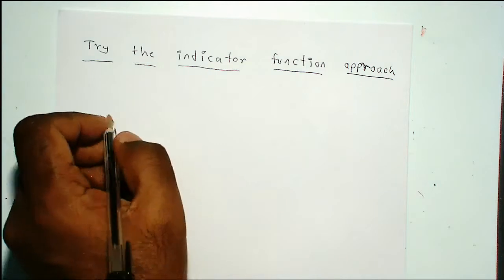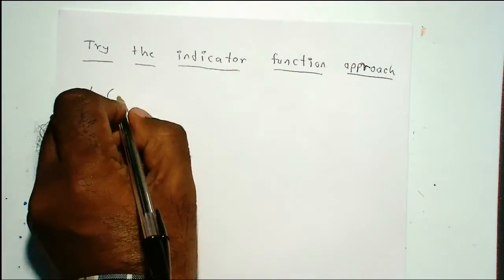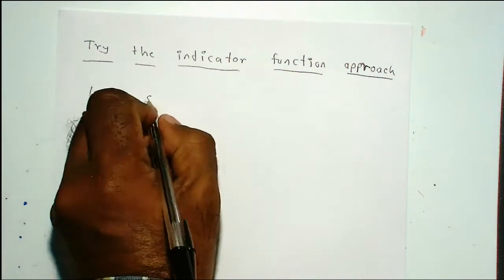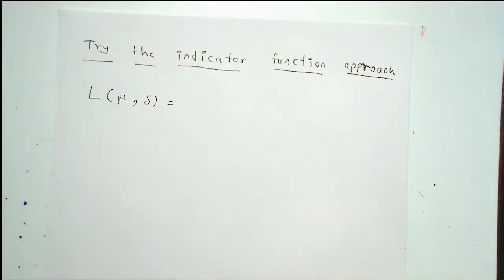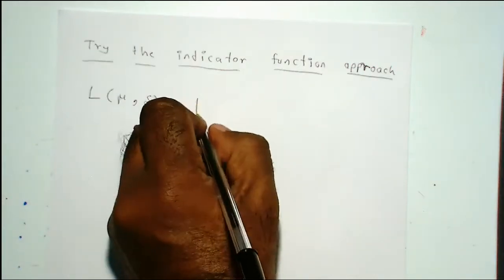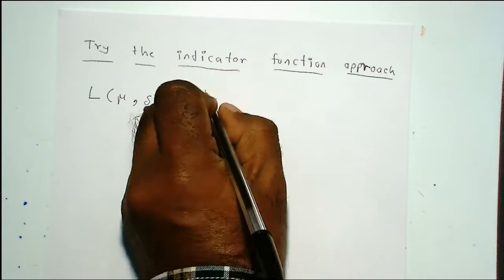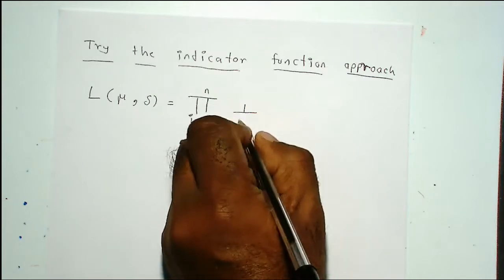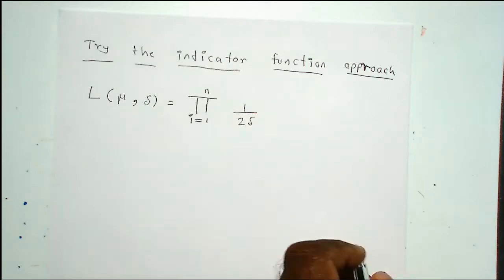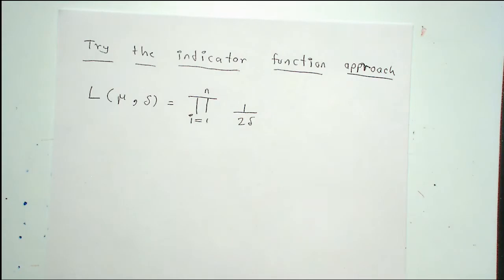So it's going to be the likelihood. Now we know that each xi is between mu minus delta and mu plus delta.